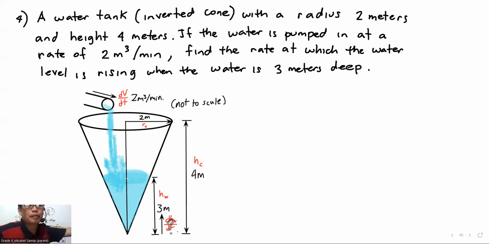So we could identify the triangles we're going to be using. Radius of water, unknown.